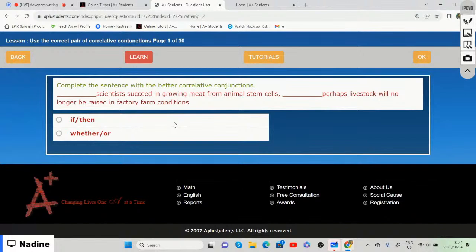Do we say if scientists succeed in growing meat from animal stem cells, then perhaps livestock will no longer be raised in factory farm conditions.